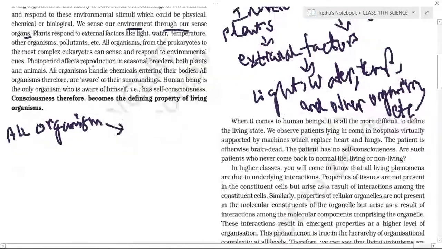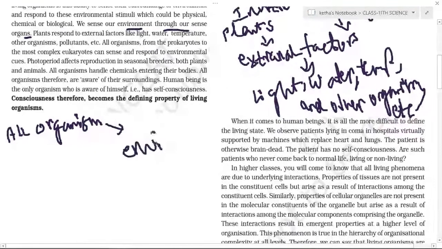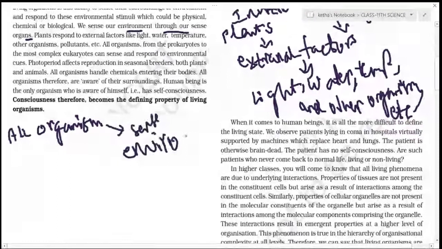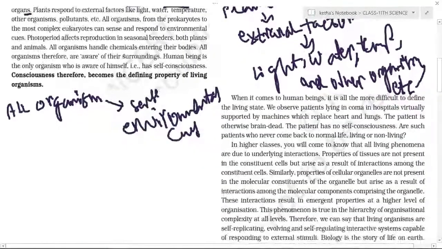Photoperiod affects reproduction in seasonal breeders, both plants and animals.